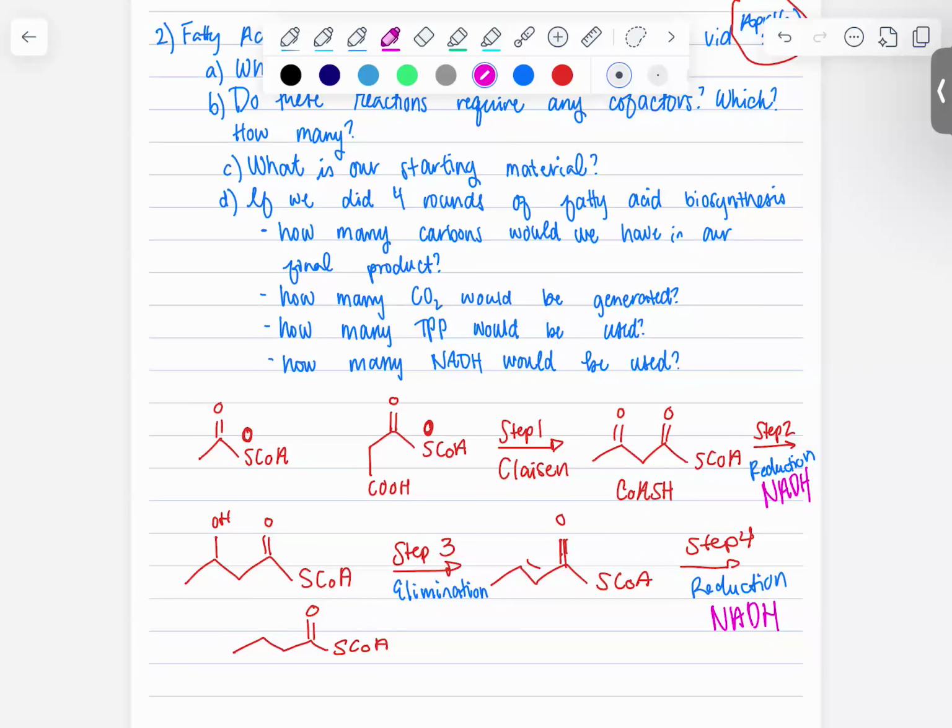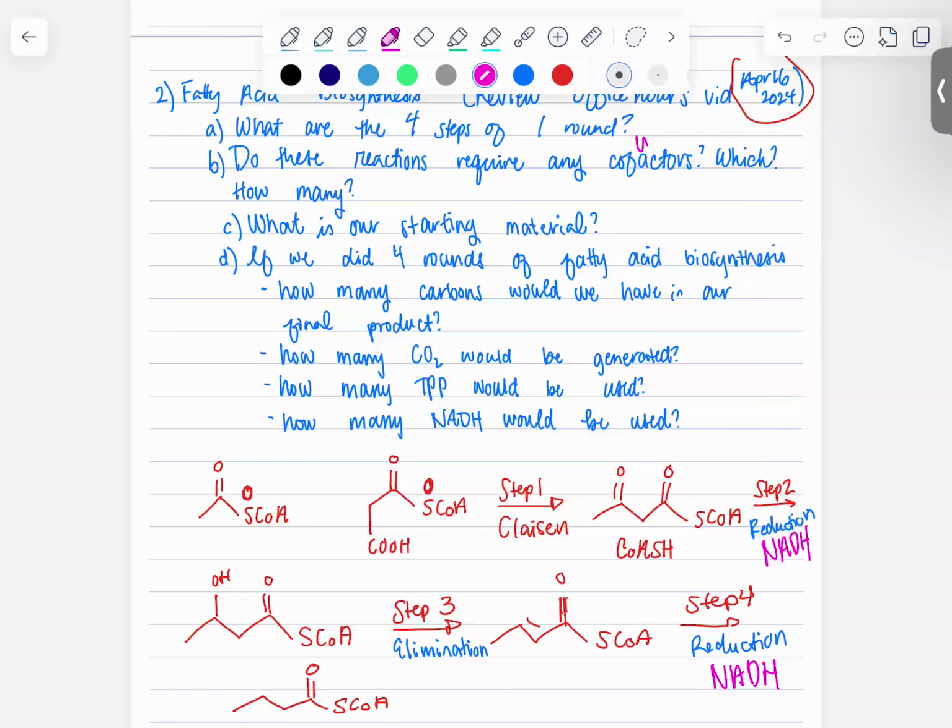So how many NADH would we use in one full round of fatty acid biosynthesis? 2. So, yes, NADH and 2.